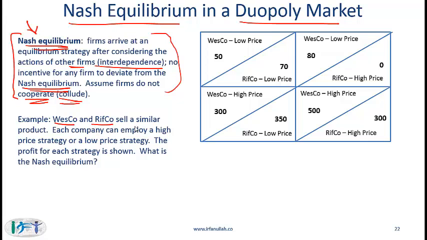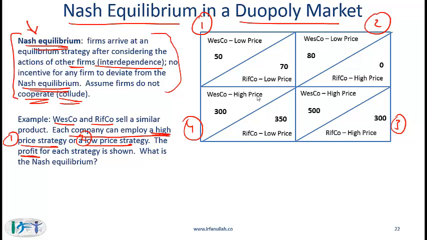They sell a similar product. Now, each company can employ one of two strategies, either a high price strategy or a low price strategy. And the profit for each strategy is shown in this matrix over here. The question is, what is the Nash equilibrium? So of these four boxes, let's say this is box 1, box 2, box 3 and box 4.